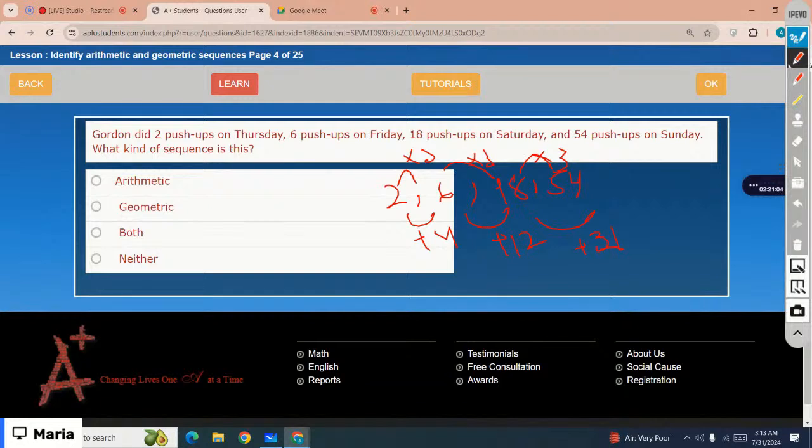That is a geometric sequence, right? Because you are multiplying. So the correct option is geometric. Option number 2 is the correct option.